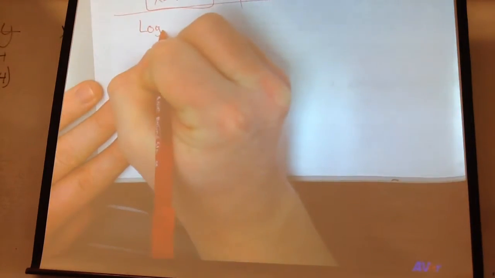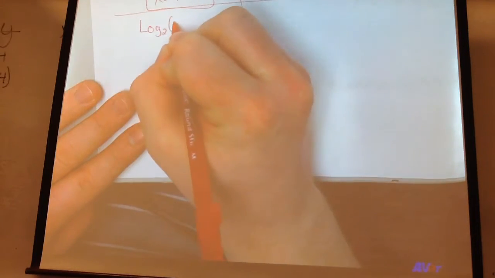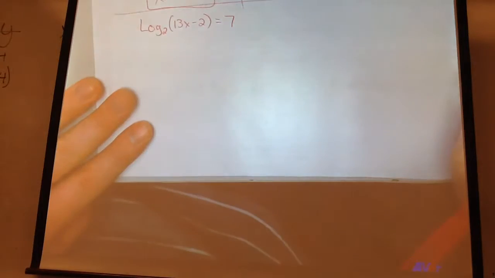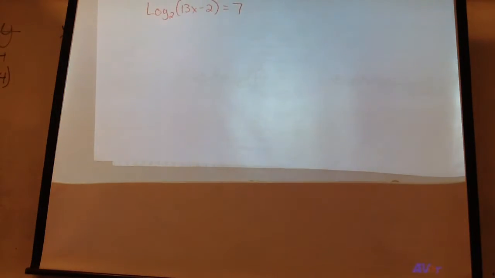Okay, let's go one notch harder. So what are you going to do? Switch it to exponential. 2 to the 7th equals 13x minus 2.